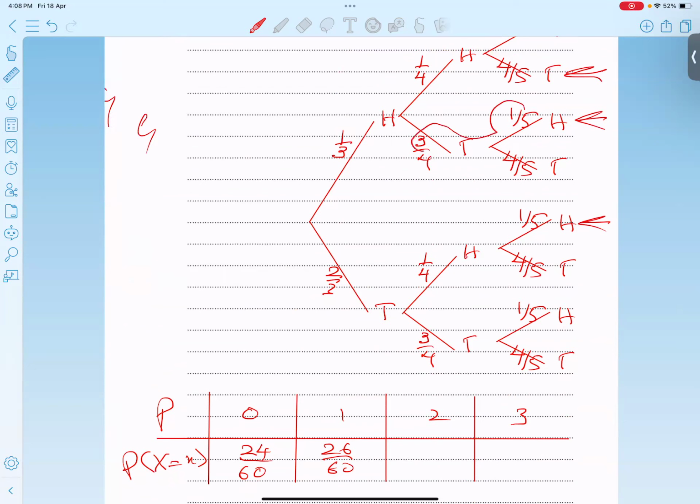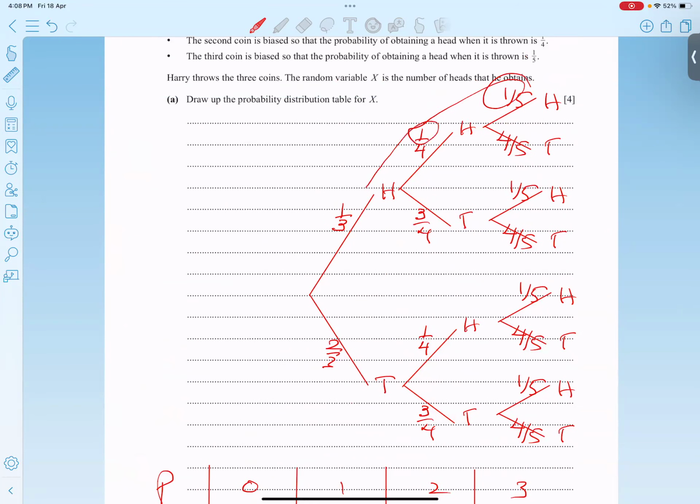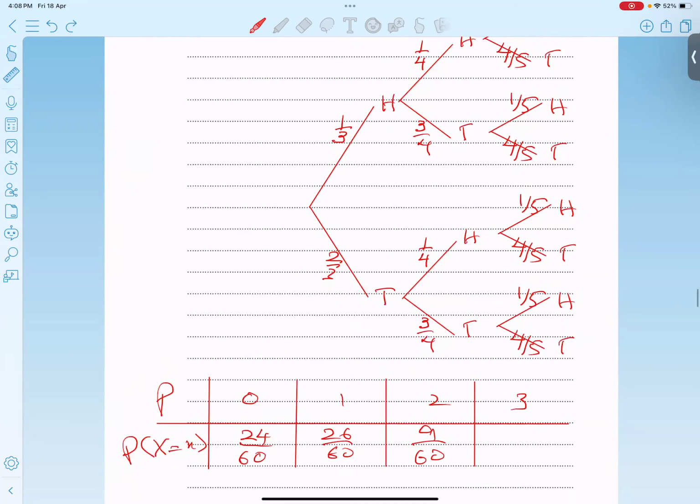Here 1, 3 is a 3, 1, 3 is a 3, 3. And 1, 1 is a 1, a 2. 7 plus 2 is 9. So here 9. I hope the idea is clear. So I got 9 over 60. I'm not multiplying denominators because it is understood to be 60. Now 3 heads in this top branch: 1, 1, 1 is 1, so 1 over 60, and I believe that is understood. If you add them all, you get 100%, you get a 1.